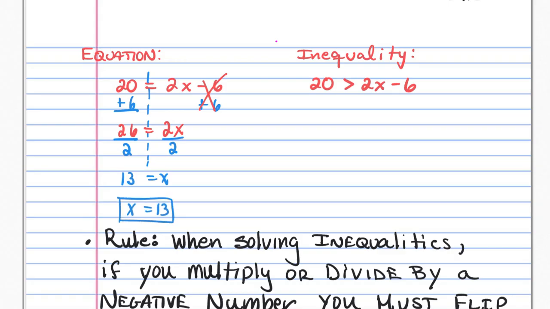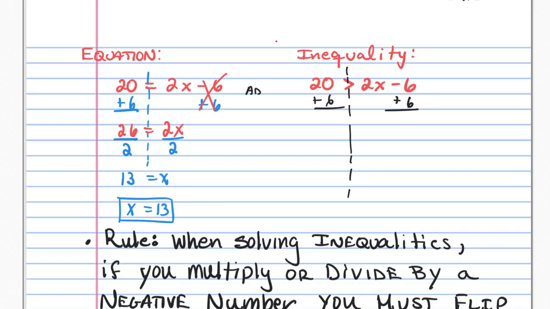Real simple. Turns out that inequalities, and it's an inequality because you notice it doesn't have this equal sign like it did over here, this is a greater than, that's an inequality. And we solve them almost identical to equations with one exception. Now this problem doesn't have that exception. I'm just going to run through it real quick so you can see I did the same thing.